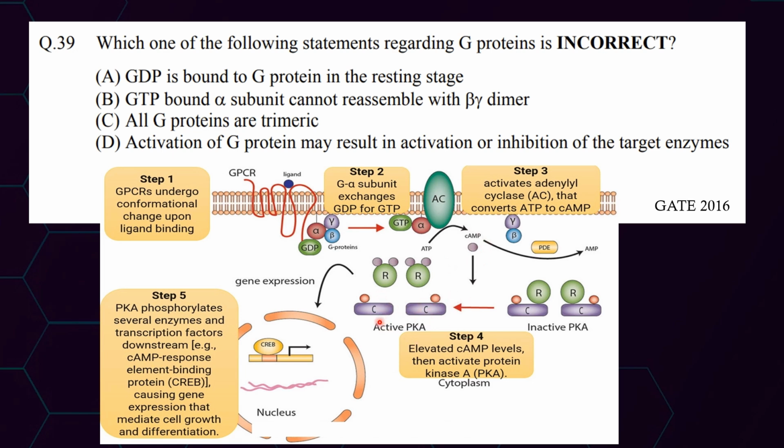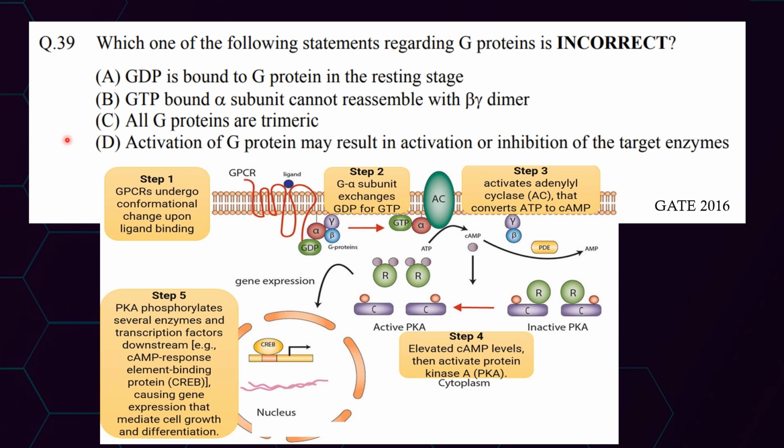Once PKA, that is protein kinase A, is active, it phosphorylates several enzymes and transcription factors downstream. For example, it activates the CREB transcription factor, the cAMP response element binding protein. So CREB proteins are activated, causing gene expression that mediates cell growth and differentiation. So this is how GPCR, or you can say G protein, works.